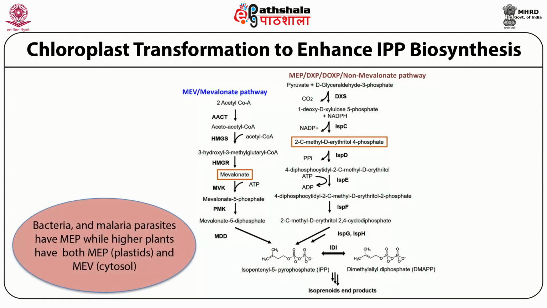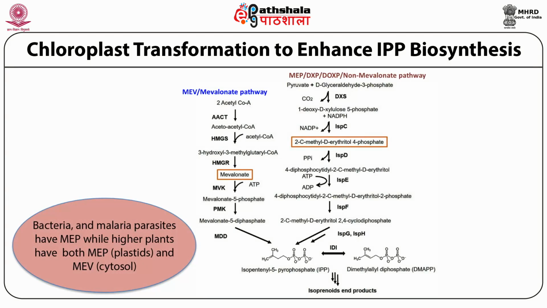You can express lots of therapeutic proteins that do not need any glycosylation in the chloroplast, and it could be a tool to produce cheap drugs. So there are so many applications of chloroplast transformation.